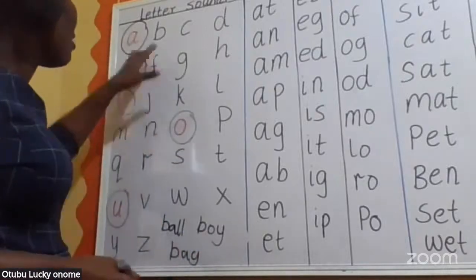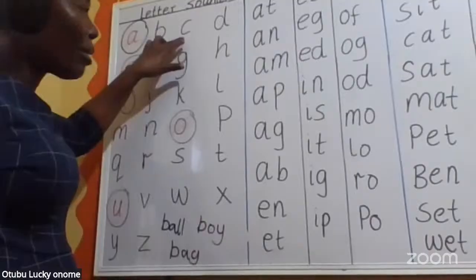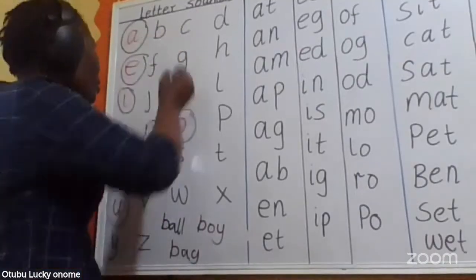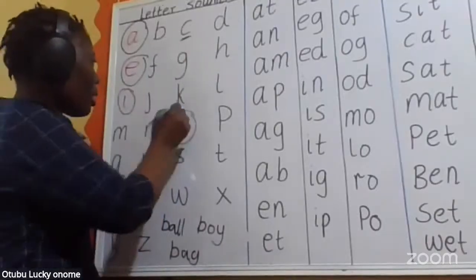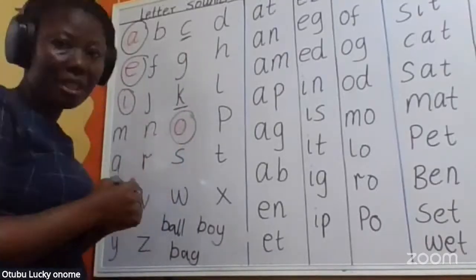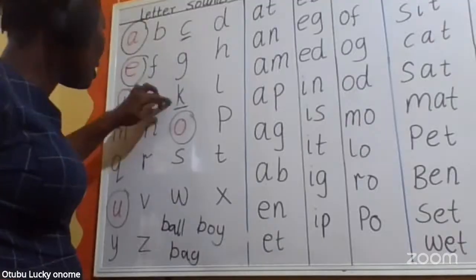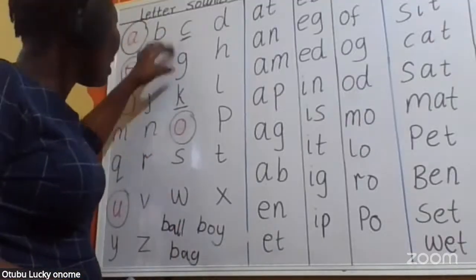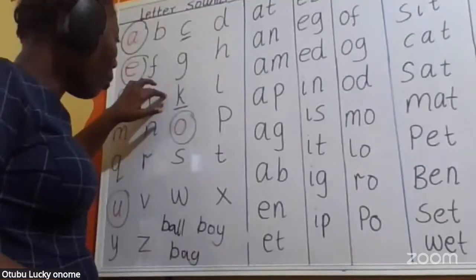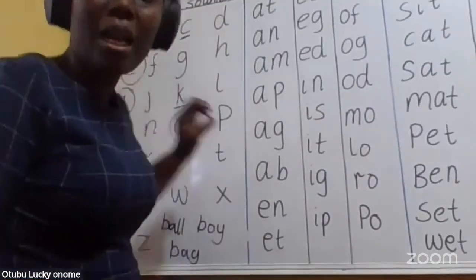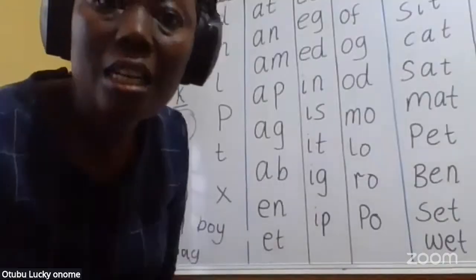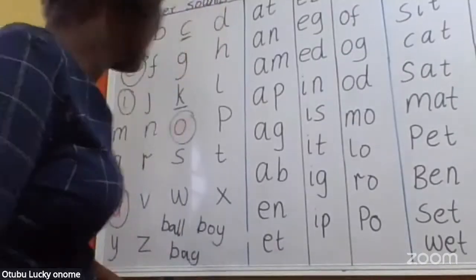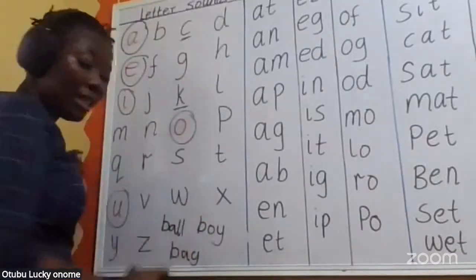Now the next one we have is this sound. This and this have the same sound. This is k, this is k. When they are separated like this, they sound k. And when they are together, they sound k. And this is how to say cat.